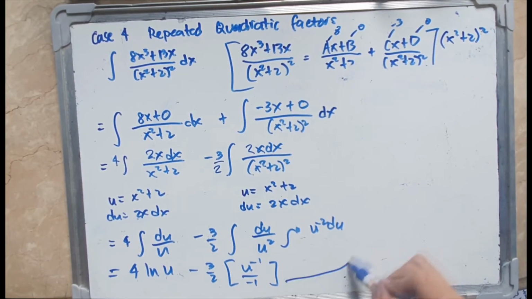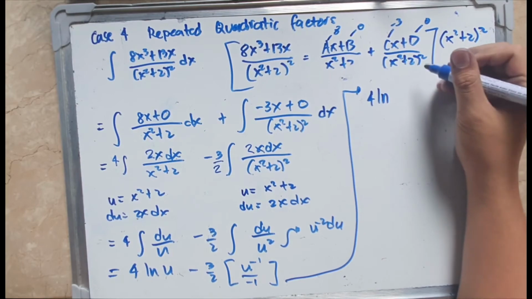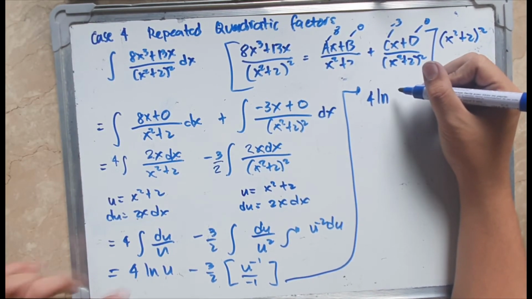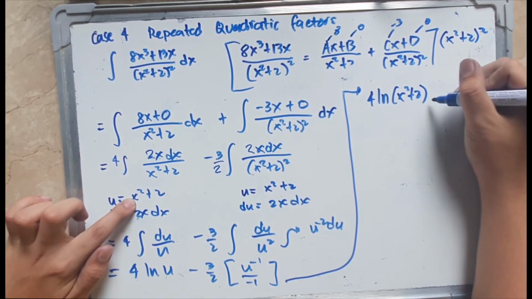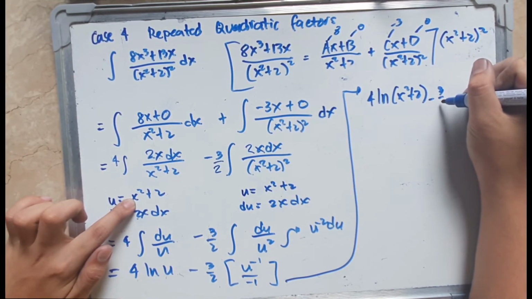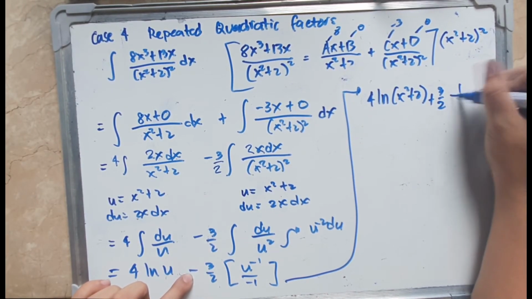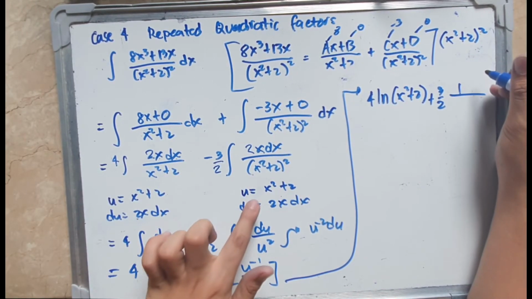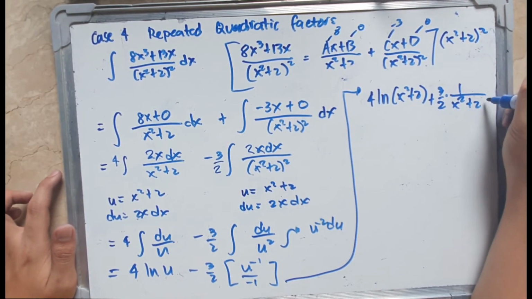So we now have 4 ln of the u. The u here is x squared plus 2, minus 3 halves, negative negative, so this is plus 3 halves, 1 over the u here, which is x squared plus 2, plus c, of course, our final answer.